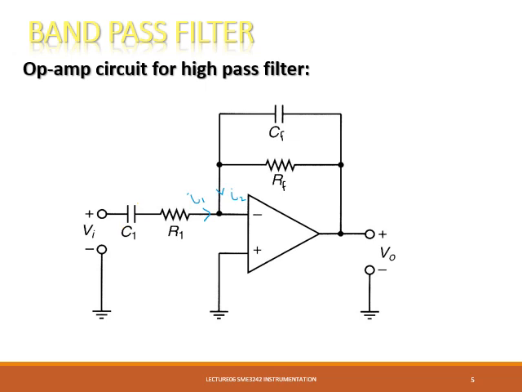But if we cancel CF here, then it is a high pass filter. So the band pass filter is actually a combination of a low pass filter and a high pass filter.